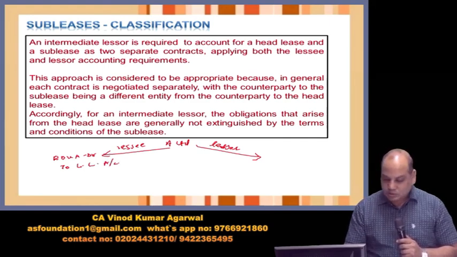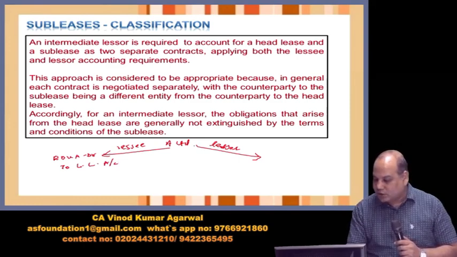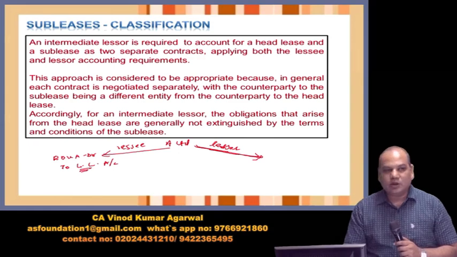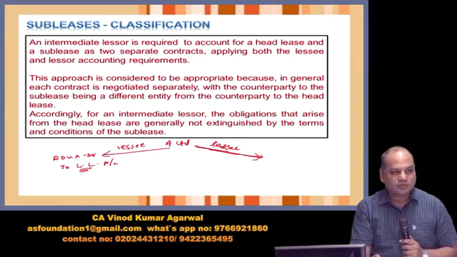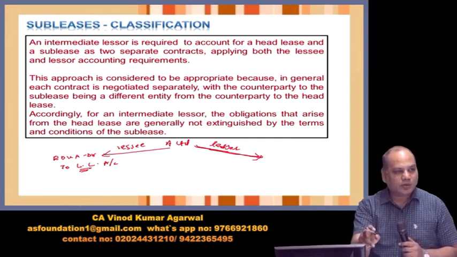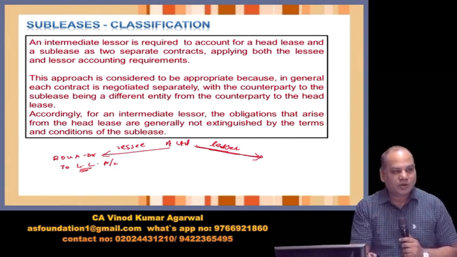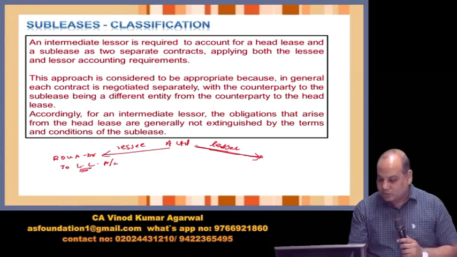Correct? So even if you have given this asset on lease, the lease liability account will be accounted in the same way we have learnt earlier. Interest entry you will pass, payment entry you will pass, remeasurement entry you will pass if required.